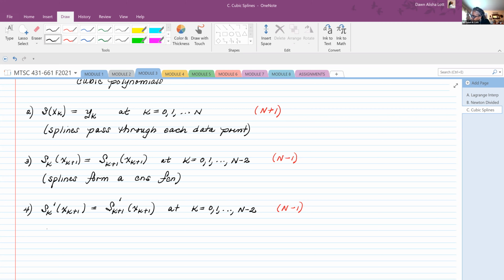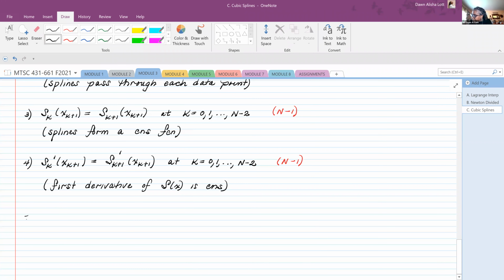And that says the first derivative of s of x is continuous. One more, number 5. Second derivative.